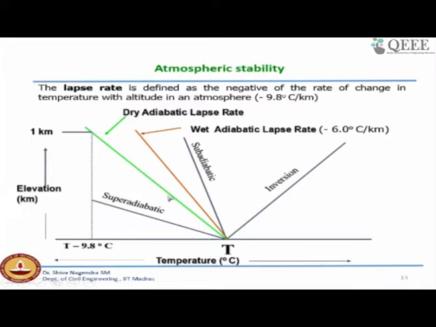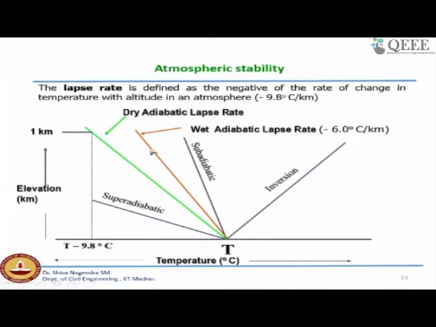This is very good for air pollutant dispersion. In general, for a dry adiabatic lapse rate, the temperature decreases at about 1 degree per every 100 meters, so about 10 degrees centigrade per 1 kilometer. Whereas the wet adiabatic lapse rate is approximately 6 degrees centigrade per kilometer.